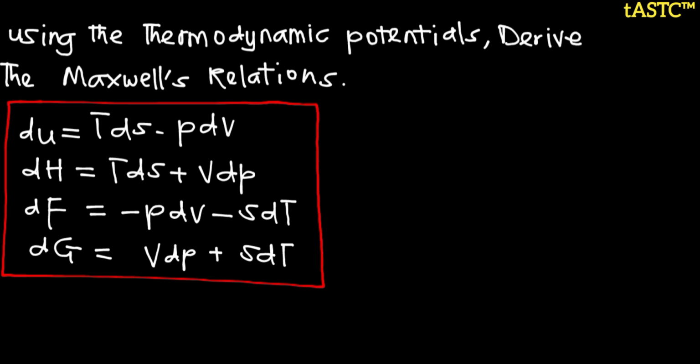Now we also need some functions to do this. That could pretty much be found from the thermodynamic potentials. From the first, we can find that the change in the internal energy depends on the change in the entropy as well as the volume. So the internal energy is a function of the entropy as well as the volume.